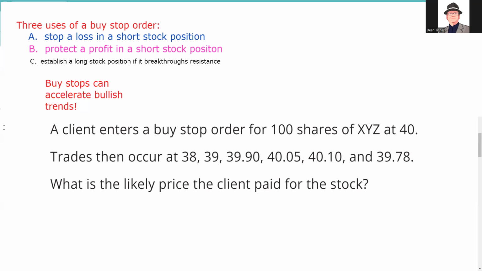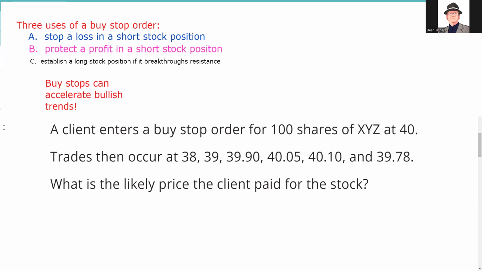So trades then occur. When I was a practitioner, I had clients watching CNBC, watching these trades go by on the tape at the bottom. What most people get hung up on is that this is two separate events. I'm telling my broker, if the stock XYZ trades at or through 40, then I want to buy it at the market.